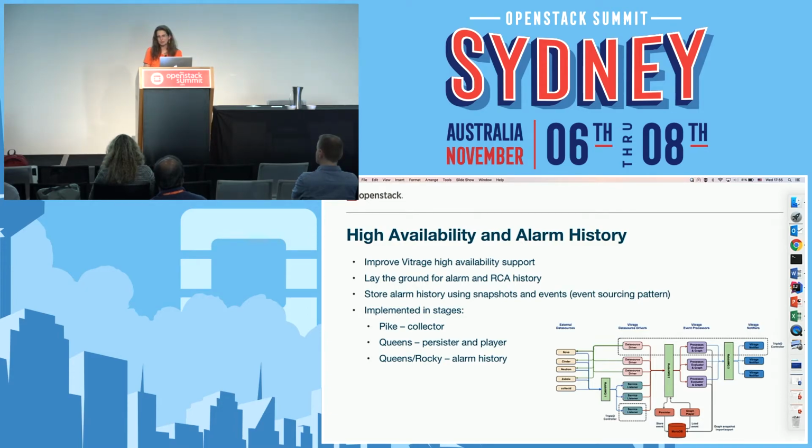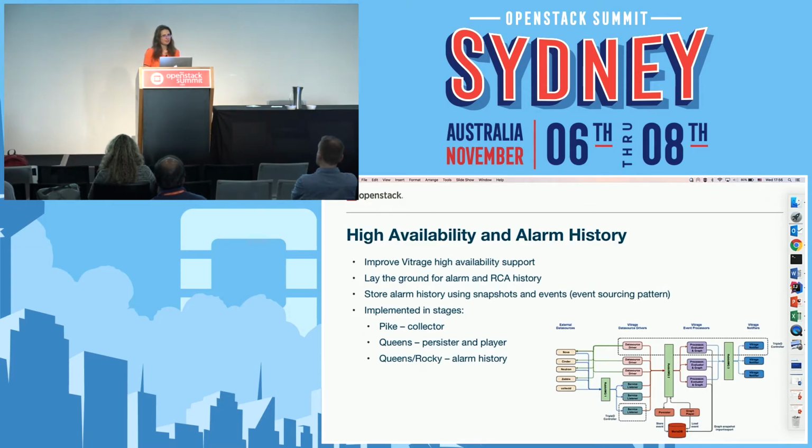We are using the NetworkX in-memory graph database. But now we are going to store all the events that arrive to Vitrage in MariaDB. And in addition, periodically we will store snapshots of the entire graph. So if the Vitrage graph is down, a new process can be raised, load the latest snapshot, and play back all the events that happened since the latest snapshot. And it should happen very quickly, more than today.